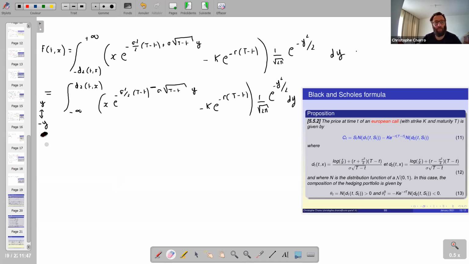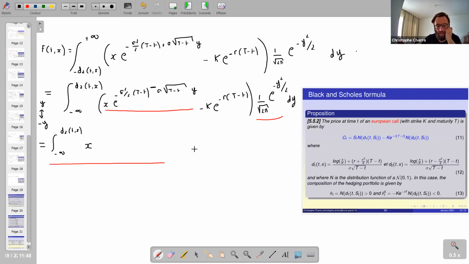I have two terms, in fact, here, because I have a minus. I have two terms that are, in fact, not that difficult to handle. So let's write these two terms. I have a first term that is the integral from minus infinity to d2(t,x) of x exponential of minus sigma square over 2 (capital T minus t), minus, so it's this term here that I will write, multiplied by this one.